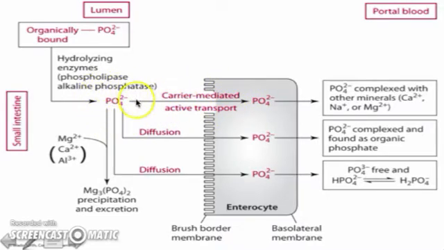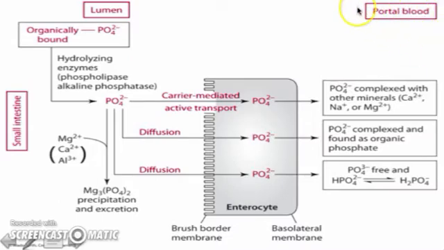However, this phosphorus can also be exposed to different binders. We saw phytic acid, also magnesium and calcium primarily can bind to the phosphorus, and that will decrease its bioavailability and it will be excreted in the feces primarily. After the phosphorus enters through the brush border membrane and is within the enterocyte, it will then exit through the basolateral membrane and circulate in the bloodstream.